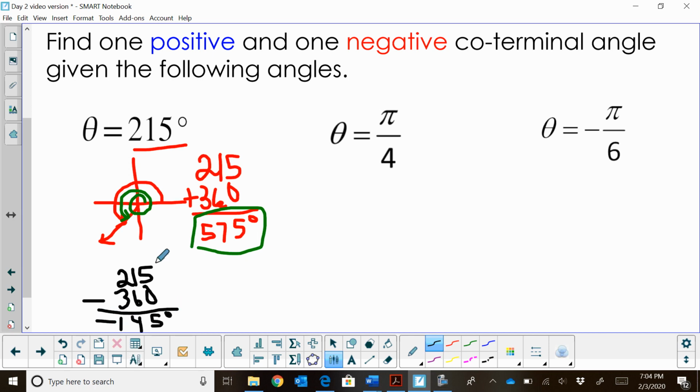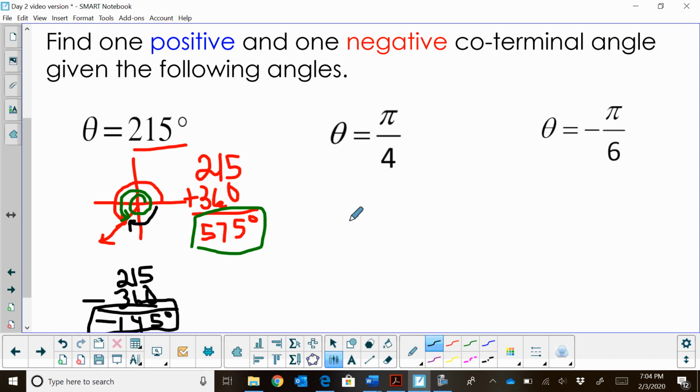And that's a negative. So when I go to draw it, I'm going to go backwards 145 degrees. So in black, that's my drawing of the coterminal angle, negative 145 degrees.